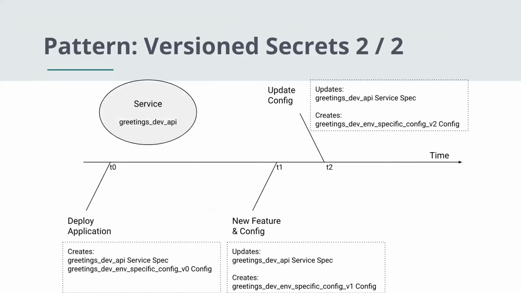So you deploy your application, everything's happy, and you create the config, v0. If you deploy a new feature in the config, that becomes v1. If you update the config, that becomes v2. That's taken from the way you would apply this pattern in Docker Swarm.